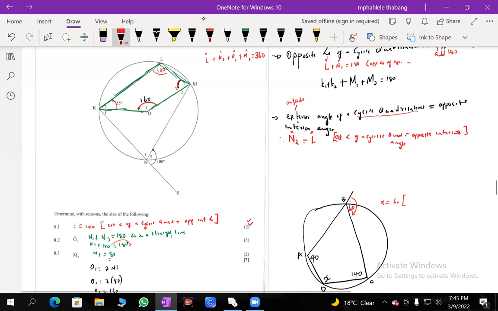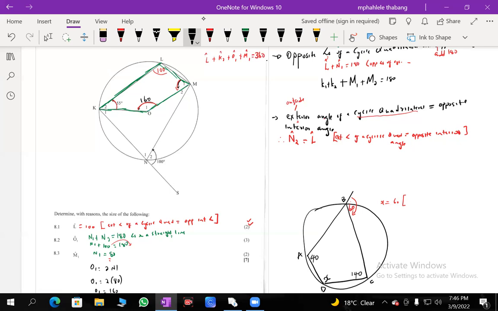The sum of angles of a quadrilateral. In Euclidean geometry, you must always write the reason. So you will write the reason in the exam room why you are saying L plus K2 plus O1 plus M1 is 360. The reason being the sum of angles in a quadrilateral add up to 360.